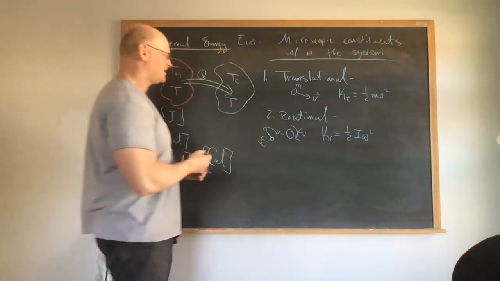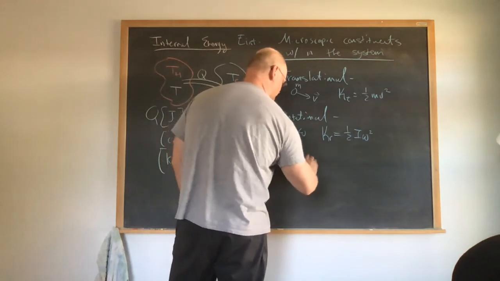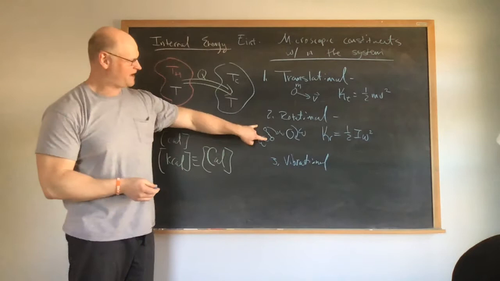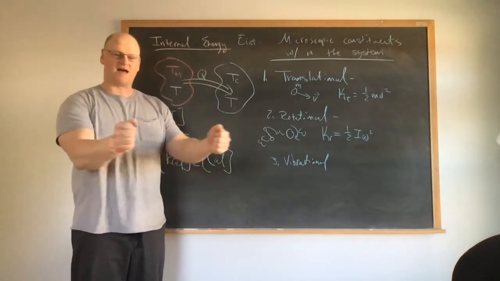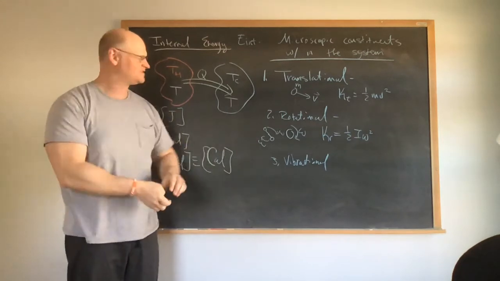There's another type of kinetic energy that it can have, which is known as vibrational kinetic energy. In this case, if I have this dumbbell type thing, these guys are going to be vibrating, so basically oscillating in towards each other.